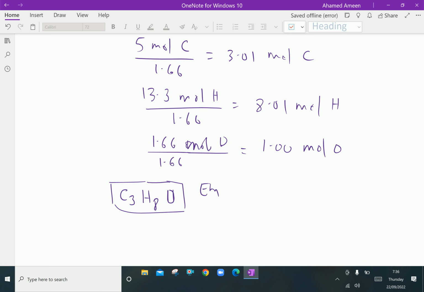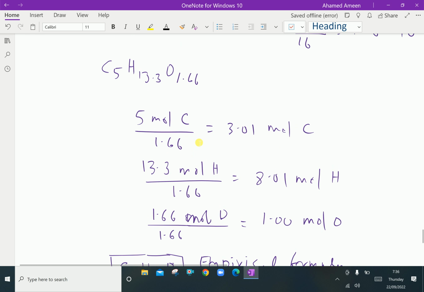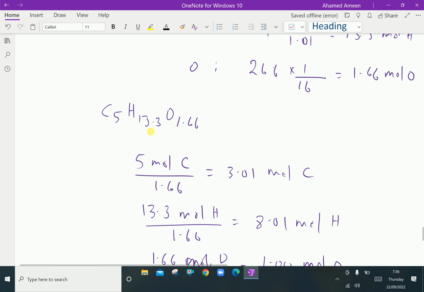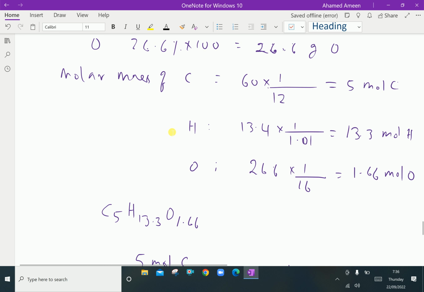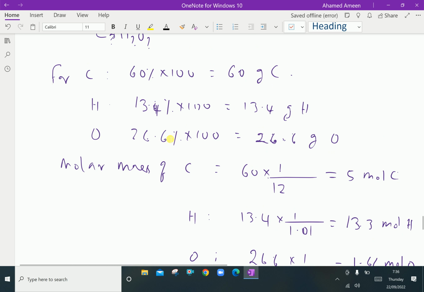When percentage composition is given, we can calculate the empirical formula. In this way, we can calculate the empirical formula of any compound whose substance percentage composition is given.